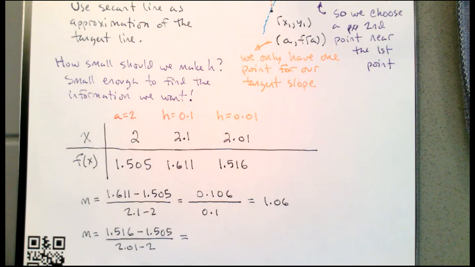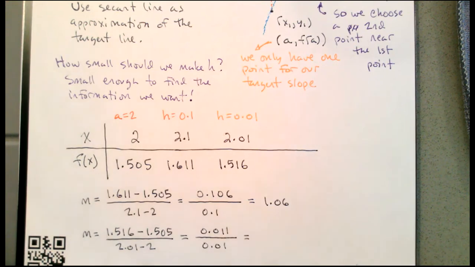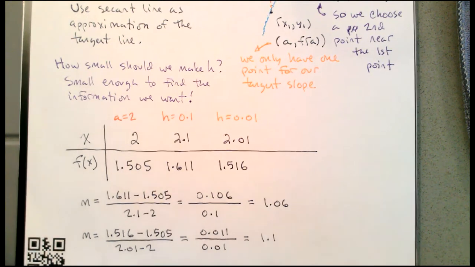So when we calculate, we get 0.011, and we divide by 0.01. Now I think, man, things are getting worse, because now I've got 1.1.